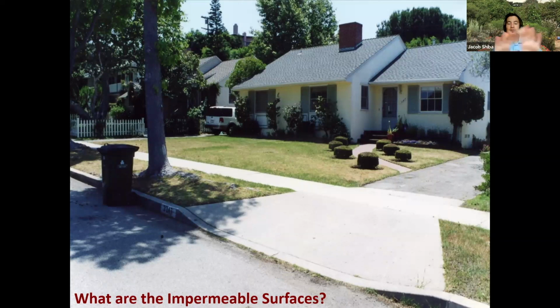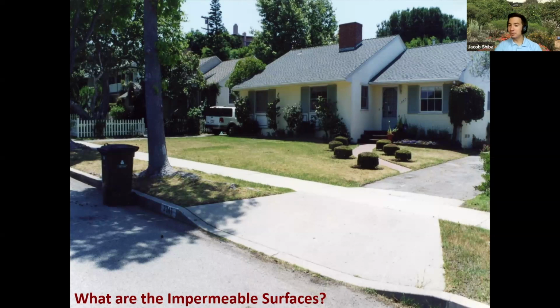So when you look at this conventional landscape here, what do you think the impermeable surfaces are? Hopefully you're thinking, okay, the sidewalk, definitely, right? That's an impermeable surface. The driveway, for example. The roof, that's the one thing in this landscape that we don't want water getting through. We want that to be impermeable.